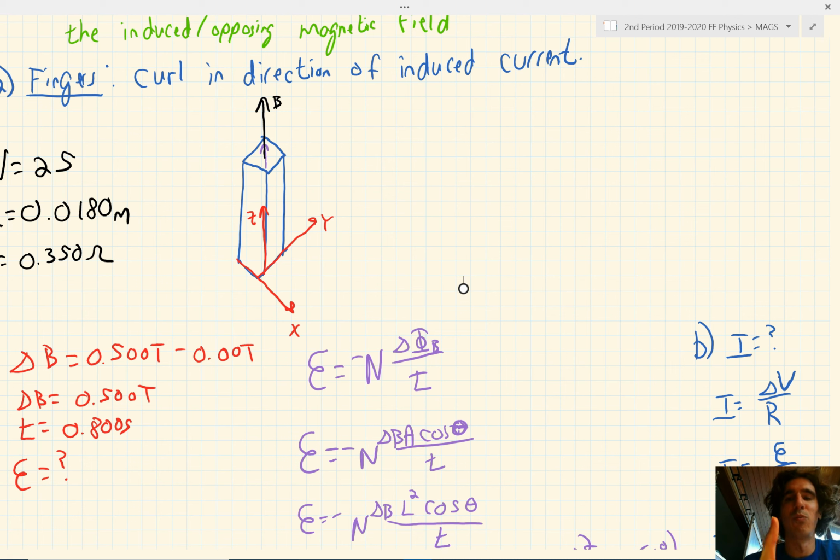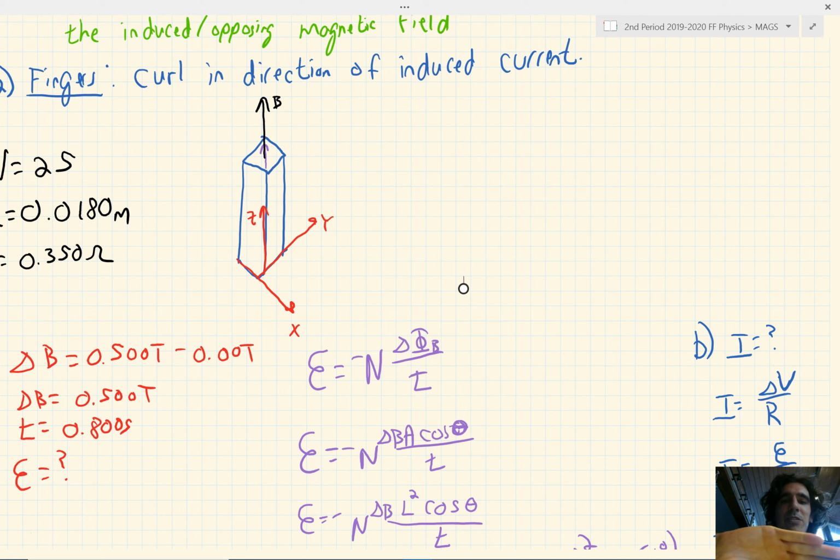That's step 1 of the third right-hand rule. Step 2 is looking at the change in the magnetic field. It's increasing, so we're going to keep our thumb pointing upwards in the Z direction. That's step 2. Step 3, our thumb needs to point in the direction of the induced magnetic field. That's the opposite direction. So we have to flip our thumb down in the Z direction.